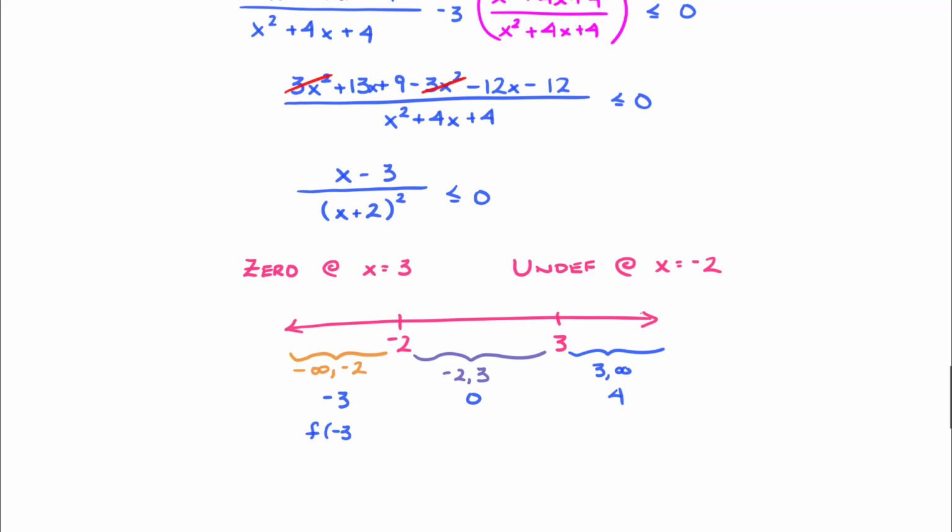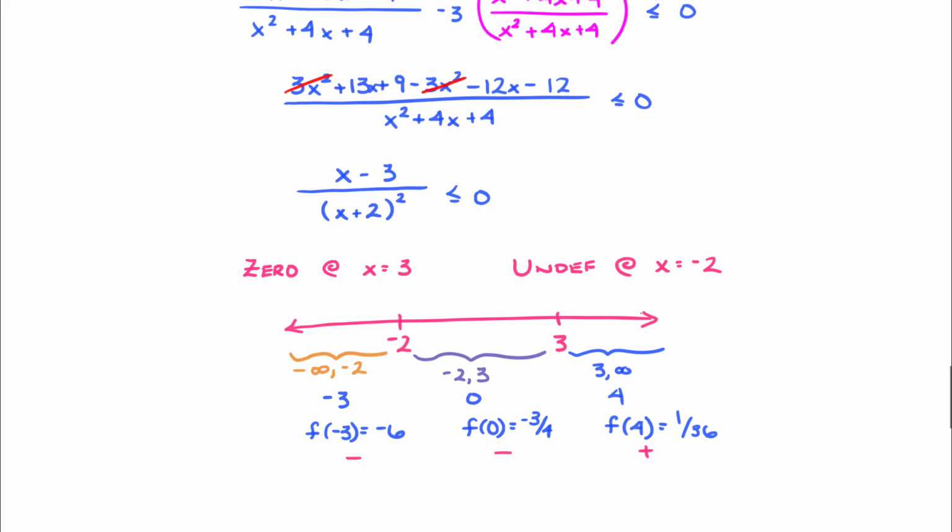When I evaluate this at negative 3, I get negative 6. When I evaluate it at 0, I get negative 3/4. And when I evaluate it at 4, I get 1/36. So in the first interval, my sign is negative. In the second one, my sign is negative. And in the third one, my sign is positive.